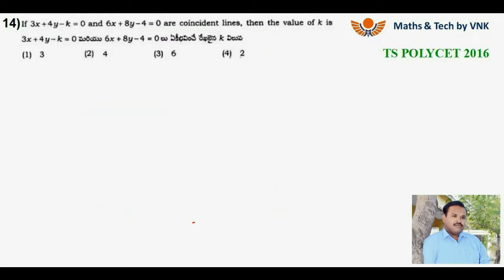Next question is, if 3x plus 4y minus k is equal to 0 and 6x plus 8y minus 4 is equal to 0 are coincident lines, then the value of k is. From the first equation, a1 is equal to 3, b1 is equal to 4, c1 is equal to minus k. From the second equation, a2 is equal to 6, b2 is equal to 8, c2 is equal to minus 4.